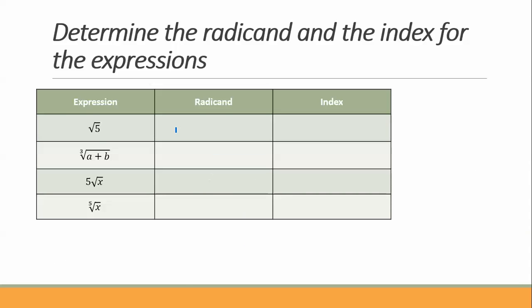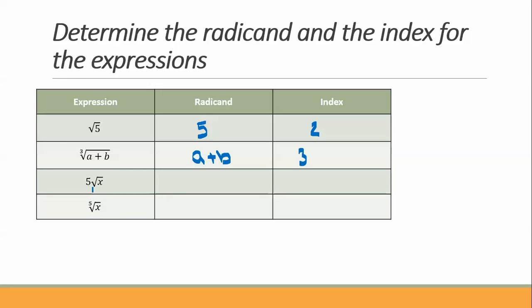So let's look at these. The square root of 5: the radicand is 5, and for the index, there's nothing there. There's no number there, so like I just said, the index is 2. For the cube root of a plus b, a plus b is under the radical symbol, so a plus b is the radicand, and the index is 3 because that's what's in the little hook. The radicand for these two is the same.